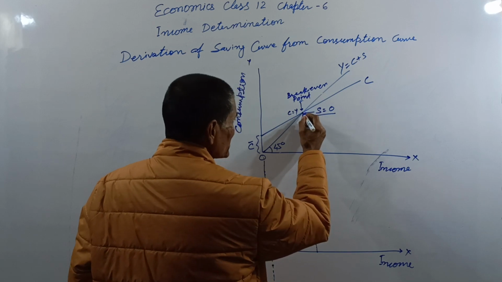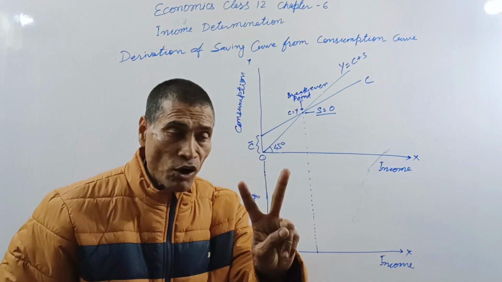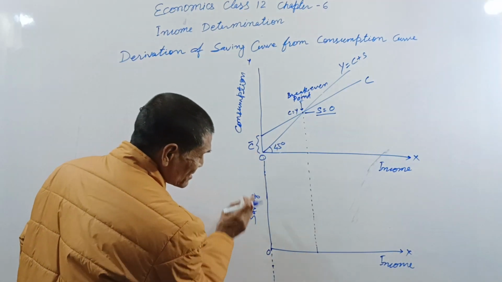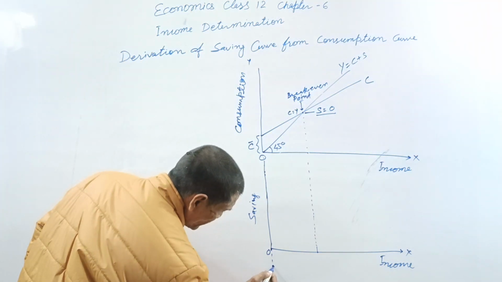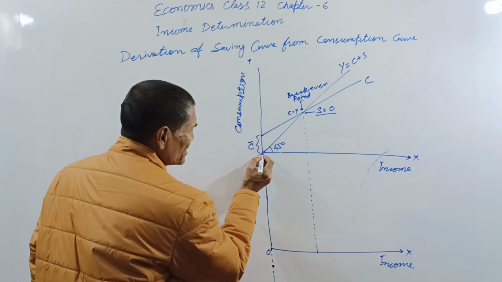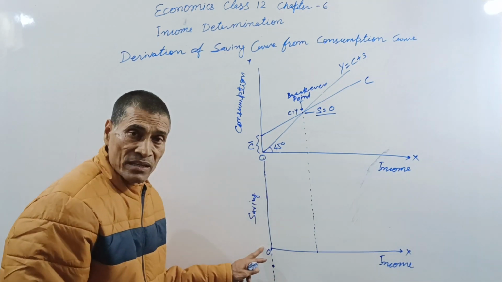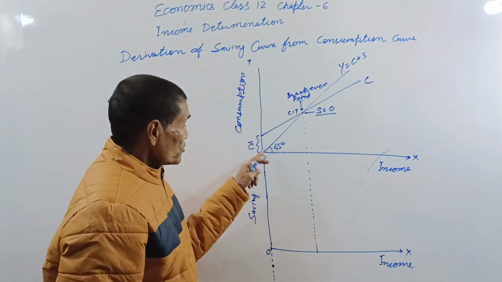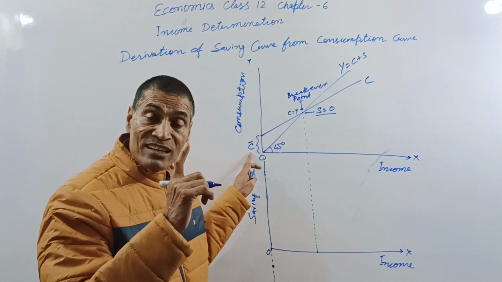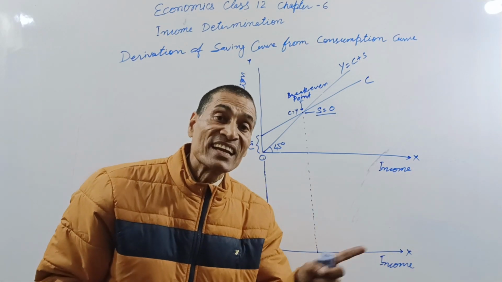From this consumption curve, two things we got, 2 points we got. First, the point we got in this saving, this much amount, is obtained from the autonomous consumption, because this much intercept will be the value of negative saving of the saving curve, because the zero level consumption is this much, and at zero level of income, whatever consumption, it will be dis-saving or negative saving.